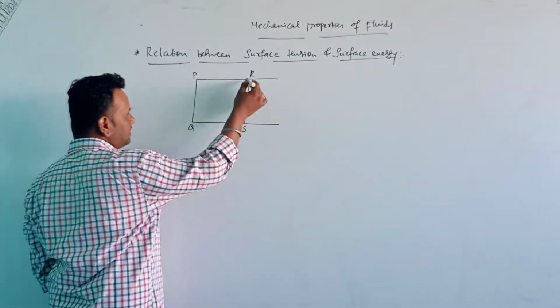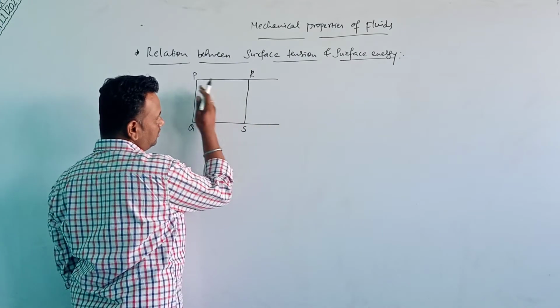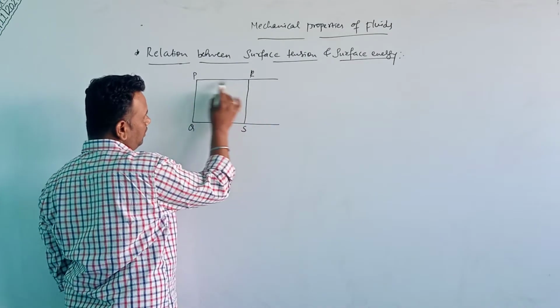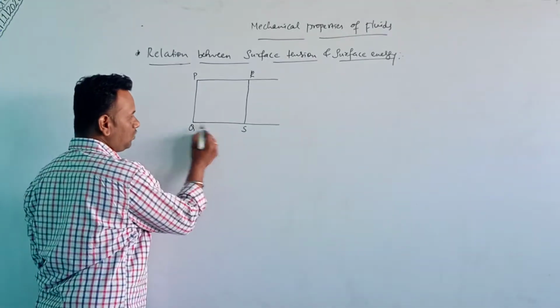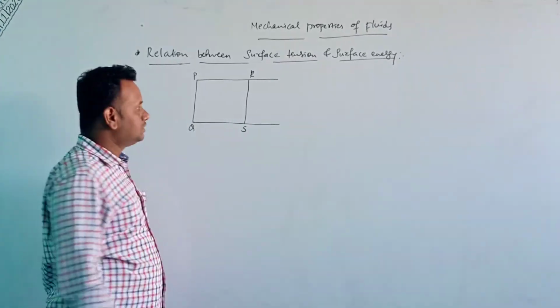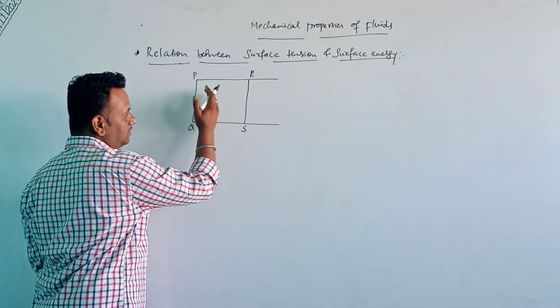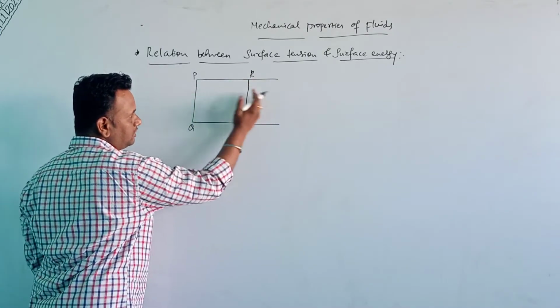Here RS can be slid over the PR arm and QS arm. So this arm can be slid in the forward and backward direction.